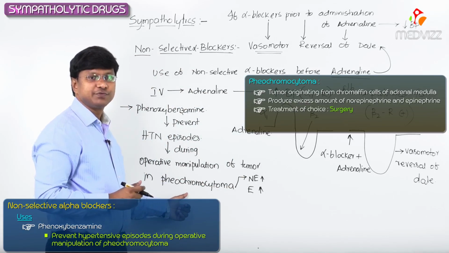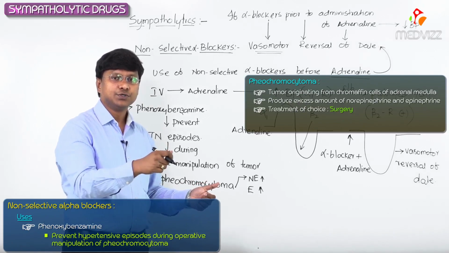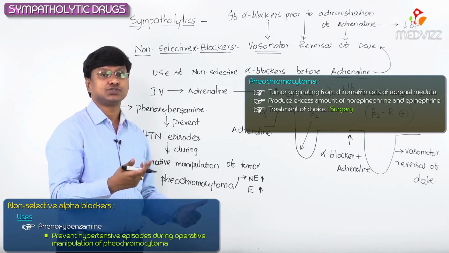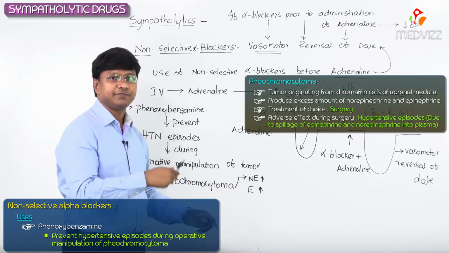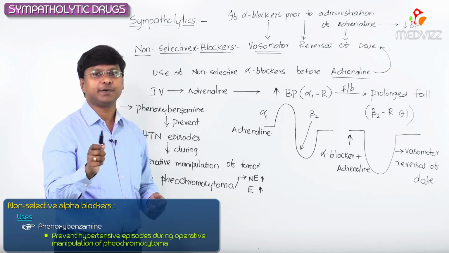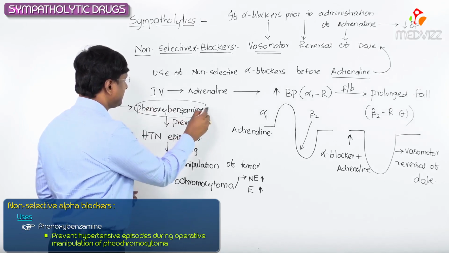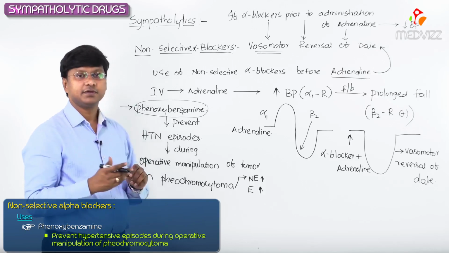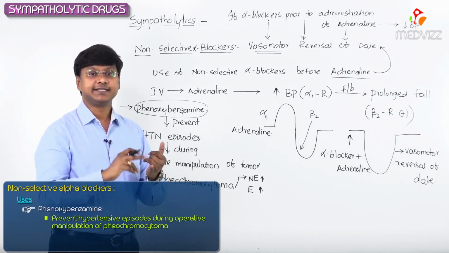Now, whenever you are manipulating the tumor to remove it, there may be chances of hypertensive episodes due to spillage of epinephrine and norepinephrine into the plasma. So, to prevent hypertensive episodes during operative manipulation of the tumor in pheochromocytoma, we use this phenoxybenzamine.